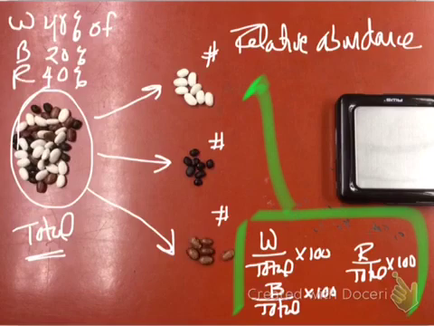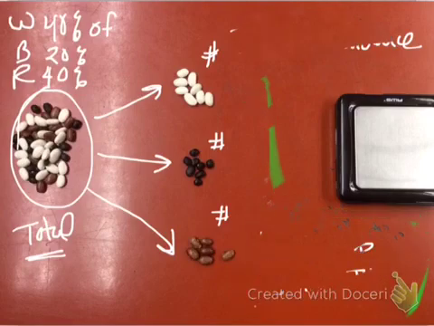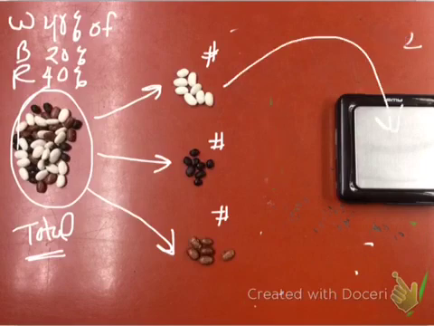So I've got my relative abundance. Now I need to figure out the average mass of all of those beans. So what I'm going to do next is take all my white beans and put them on the balance.